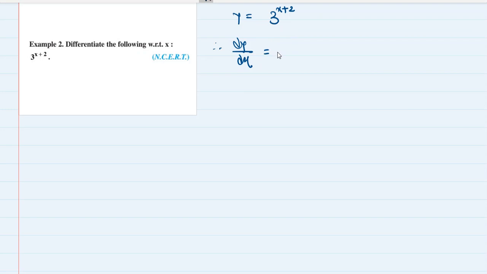The formula is, let me write it over here so that there is no mistake. d by dx of a raised to x is equal to a raised to x multiplied by log of a to the base e, where a is always greater than 0. This is the formula.